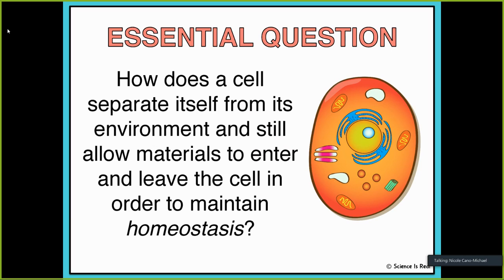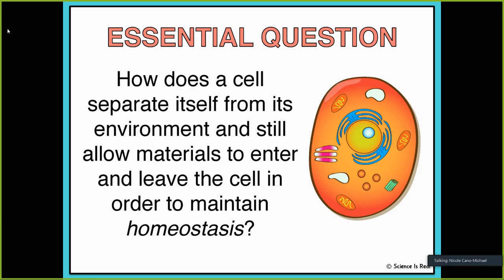So, again, the focus of today, the essential question that we're trying to answer is, how does the cell separate itself from its environment and still allow materials to enter and leave the cell in order to maintain homeostasis?